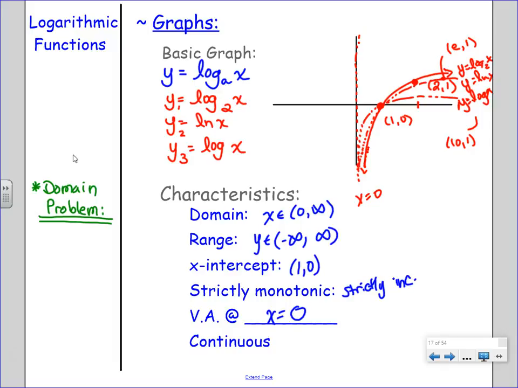For logarithms, whatever is inside the argument of the logarithm must stay greater than 0. And, more specifically, there's a vertical asymptote at whatever's inside equal to 0.